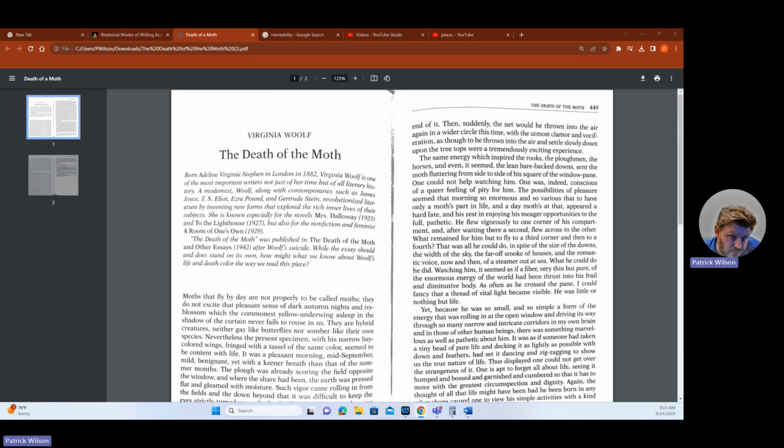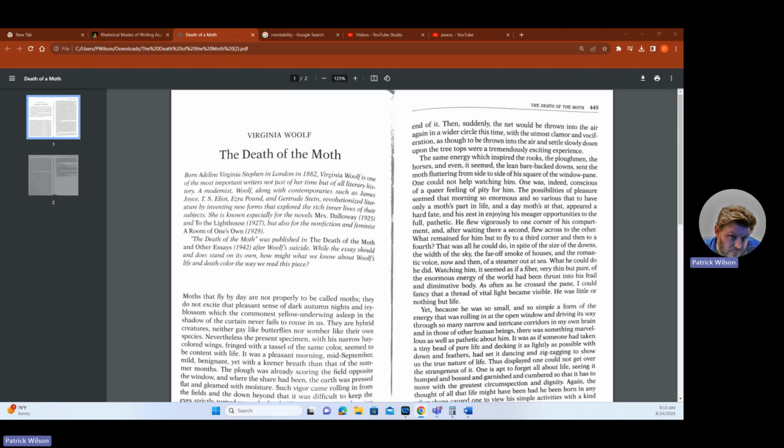A couple other reasons why this is a really good essay to read the first week as we get into learning about narrative writing is the symbolism and metaphor. Now, if you had any type of literature classes in high school and middle school, you've probably heard the word symbolism, you've probably heard the word metaphor.